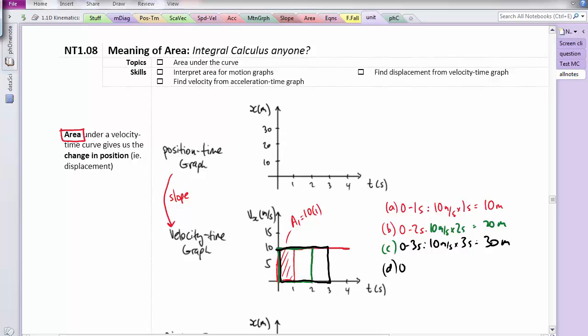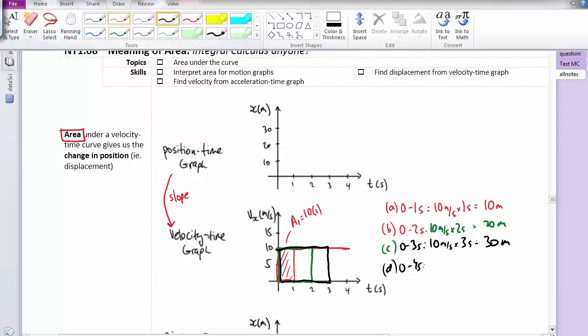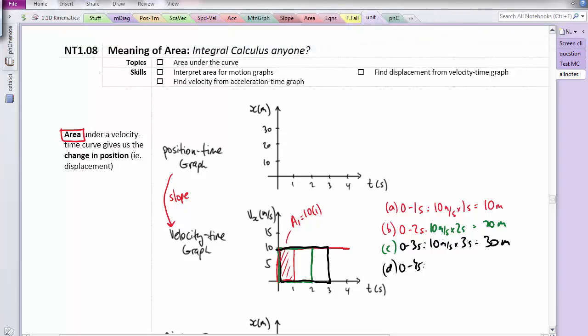And the same for 0 to 4 seconds. That would give us this whole rectangle, which would be 10 meters per second times 4 seconds, which would be 40 meters. So what we essentially have here is the displacement between different time intervals.